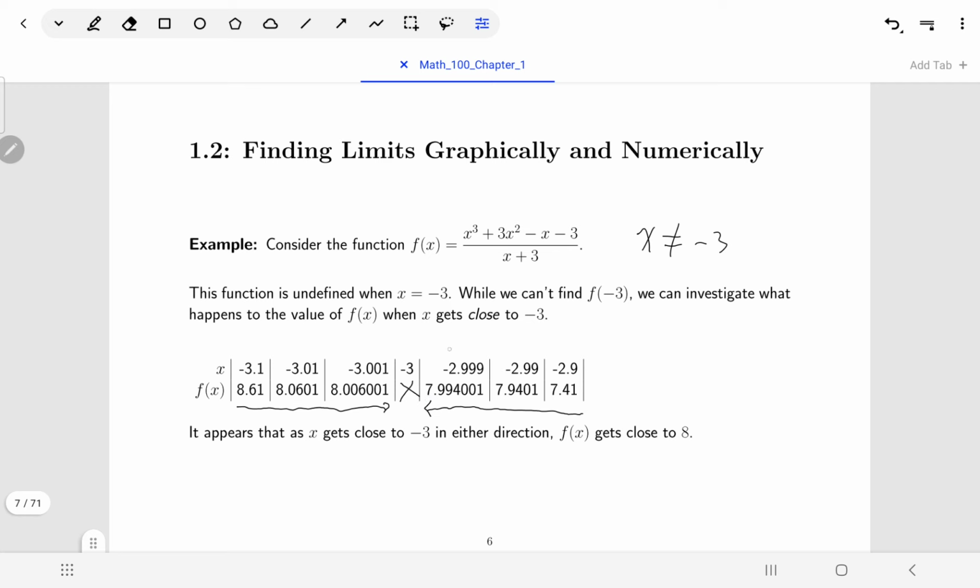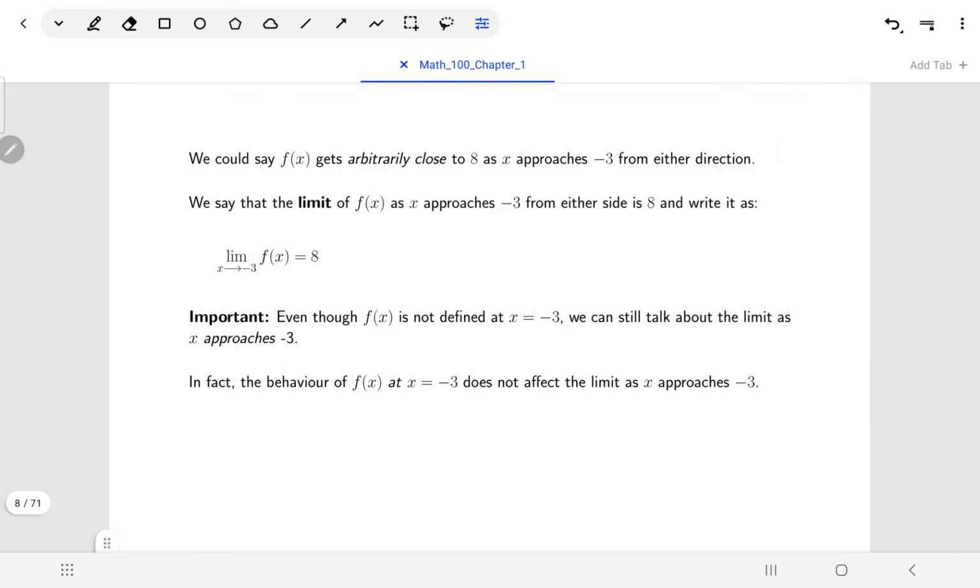So if I continued and looked at, let's say, negative 2.999999, the y value that I would get for that should be even closer to 8. And same thing with values that are a little bit less than negative 3. If I use something like negative 3.000001, I'd have something that's even closer to 8. So in other words, our function will get as close to 8 as we'd like for its y values as x is getting close to negative 3.